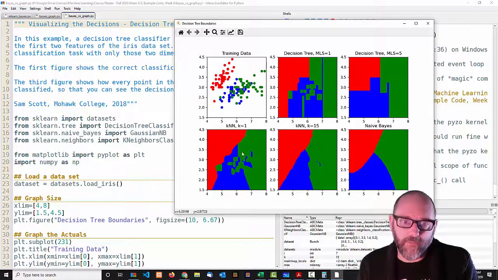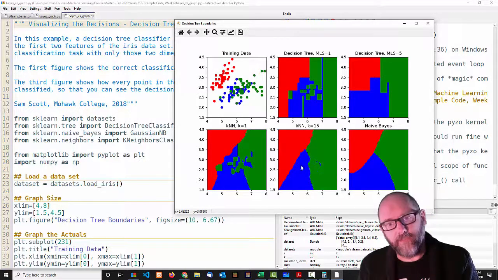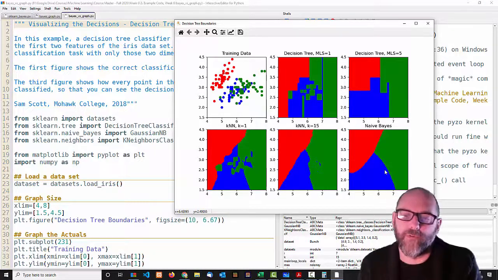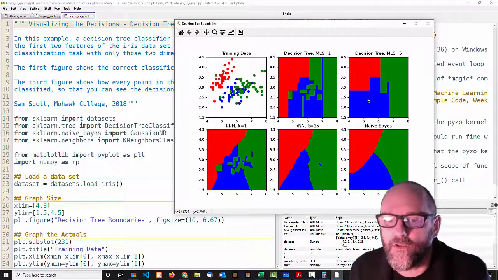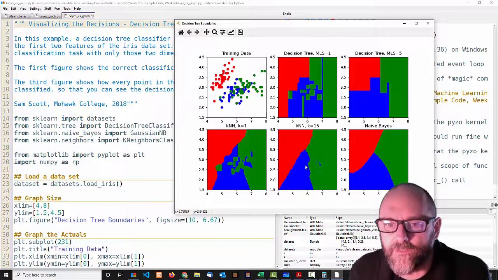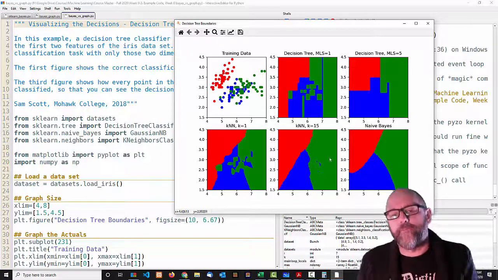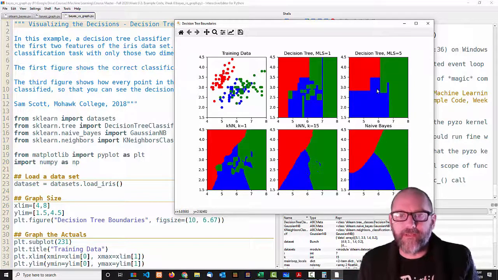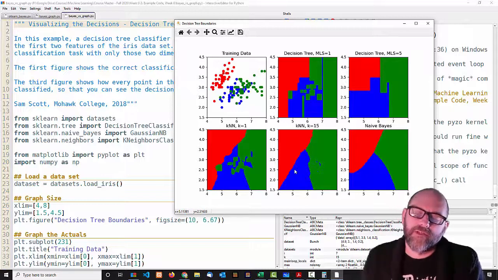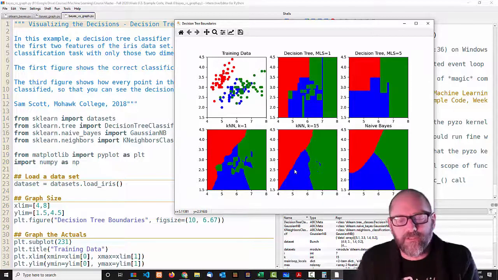Here's k nearest neighbor with k equals 1 overfitting, and then k equals 15 not overfitting. And here's naive Bayes. We only have one output of naive Bayes. But you can see that they're all kind of similar to one another. They end up in more or less the same place, but a little bit different. Each algorithm has its own idiosyncrasies and its own way of looking at the data.